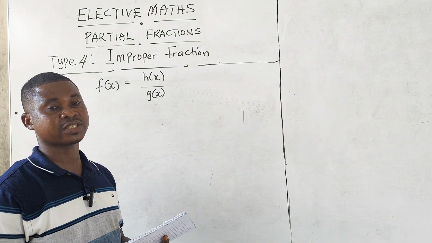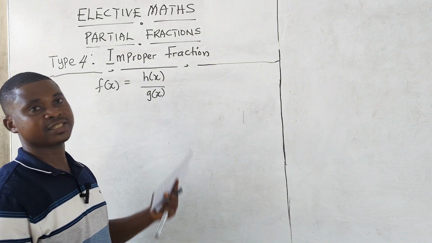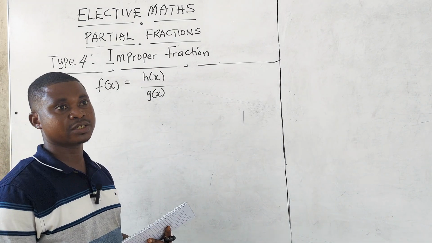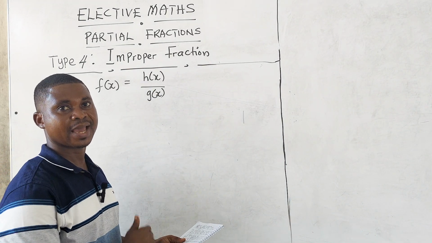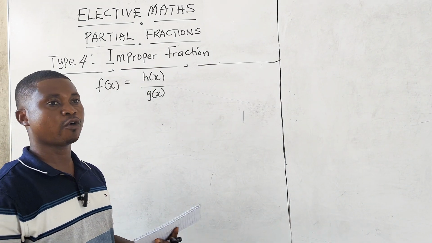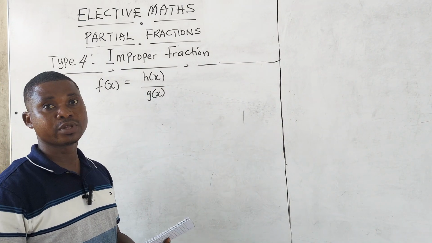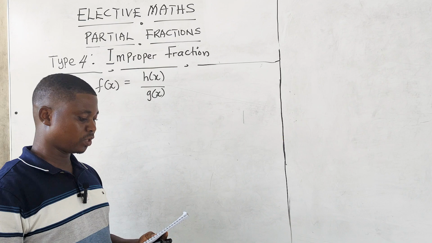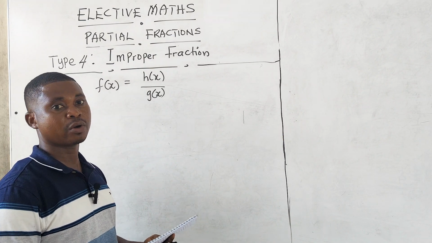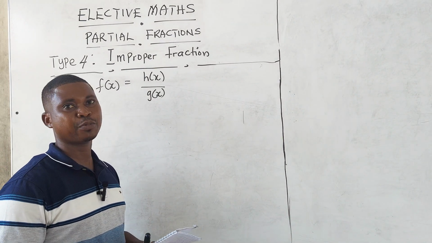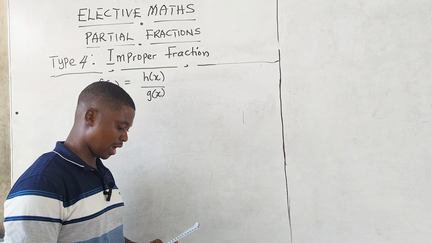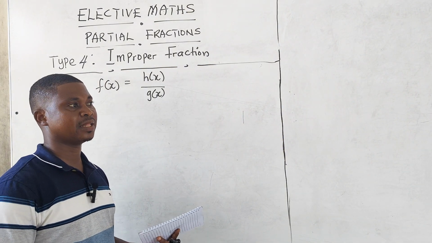And since it's an improper fraction, we have to first divide those fractions to get a quotient and a proper fraction, before we resolve the proper fraction through the partial fraction, and that's how we are going to do that. So let's get an example here and see how that one is done.